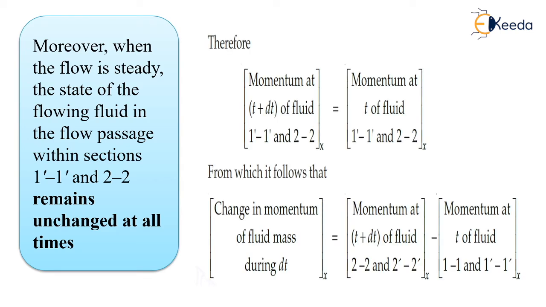Therefore, the momentum at time t plus dt of fluid 1-1 dash and 2-2 is equal to the momentum at time t of fluid 1-1 dash and 2-2, from which it follows that the change in the momentum of the fluid mass during time dt is equal to the momentum at time t plus dt of fluid 2-2 and 2-2 dash minus the momentum at time t of fluid 1-1 and 1-1 dash.